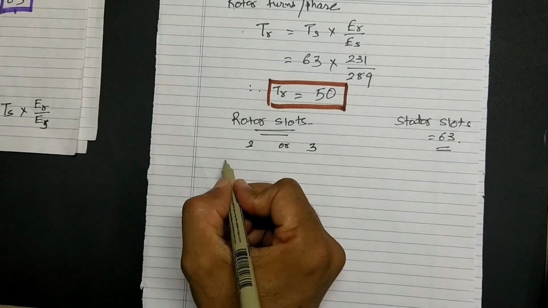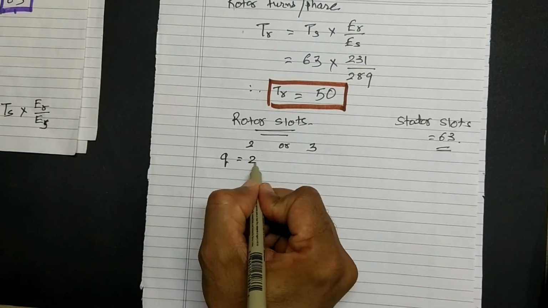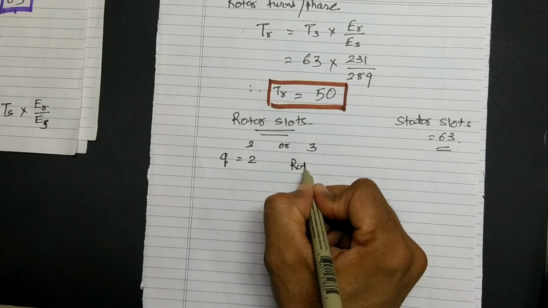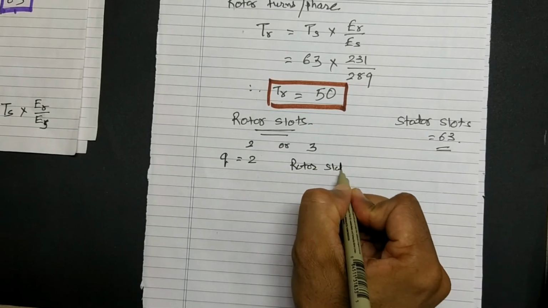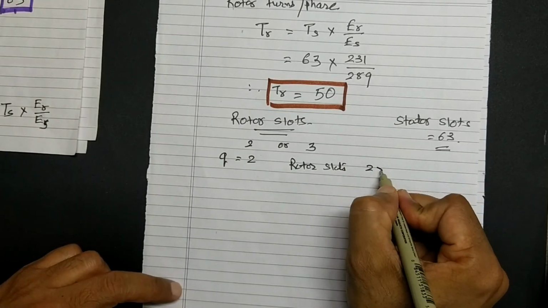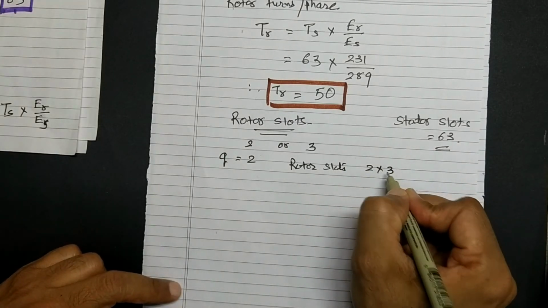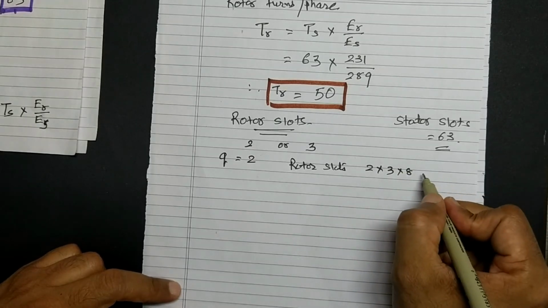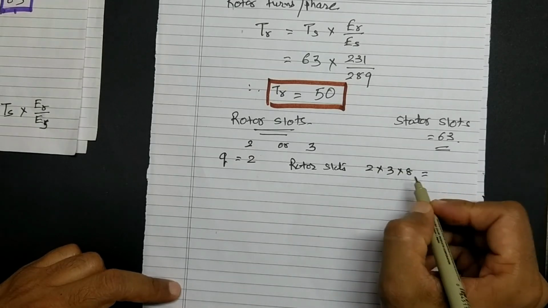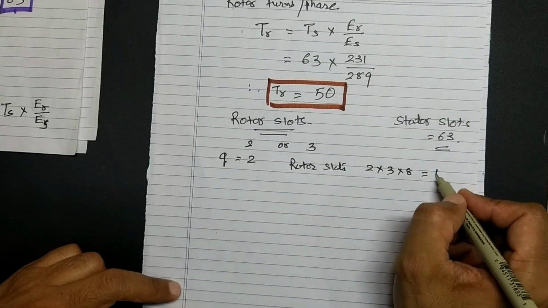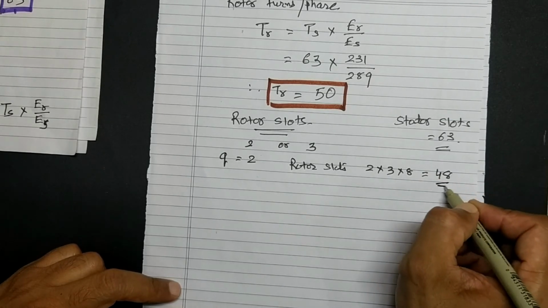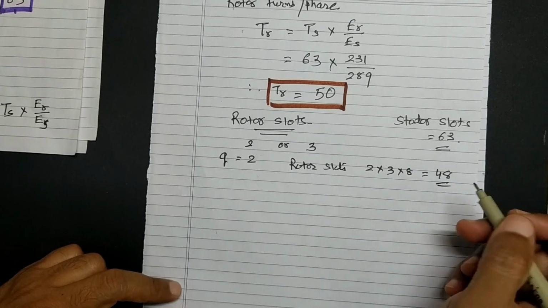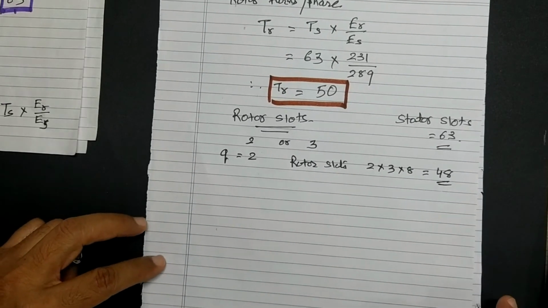If we consider Q equal to 2, then the total number of rotor slots is 2 multiplied by 3, that is the number of phases, and multiplied by the number of poles, so it comes to 48. We have to take an integral number, right?